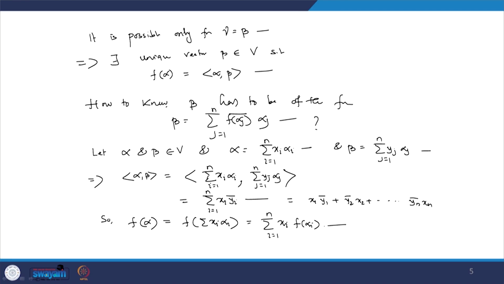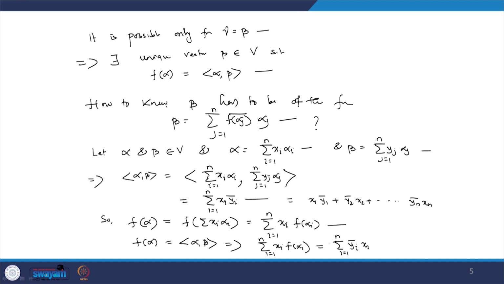So, if at all there is an element beta belonging to V such that f of alpha equal to the inner product of alpha and beta, then this means that sigma x i f of alpha i, i equal to 1 to n, must be equal to sigma y i bar and x i, i equal to 1 to n.